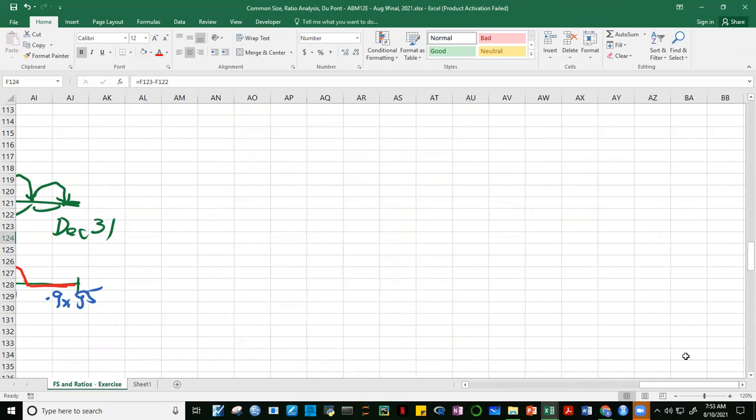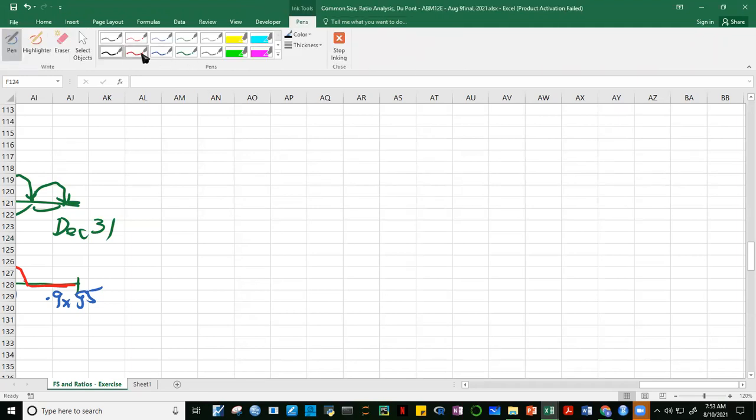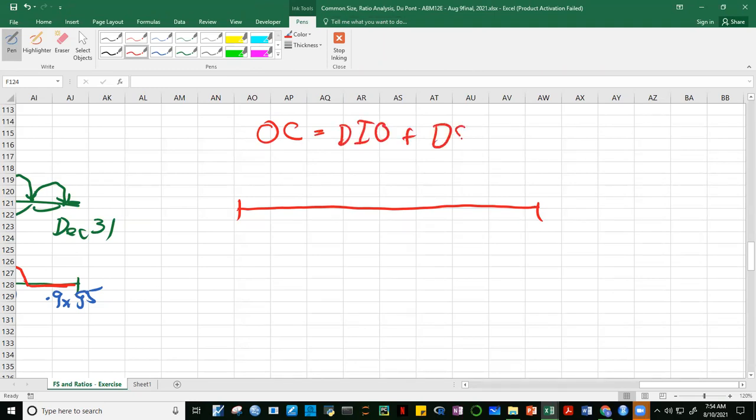Okay, so let's take a look first at our competitor, 75, tayo 134. Okay, so here is our competitor. So ang tinitingnan natin operating cycle, which is equal to days inventory outstanding plus days sales outstanding.